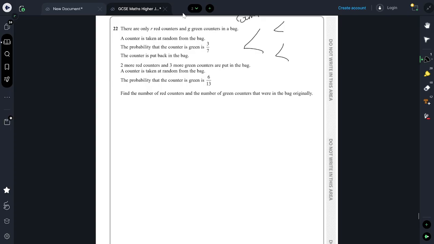So let's draw it. There are 2 counters being taken, 2 different counters. Counter 1. We are told it's only red and green.